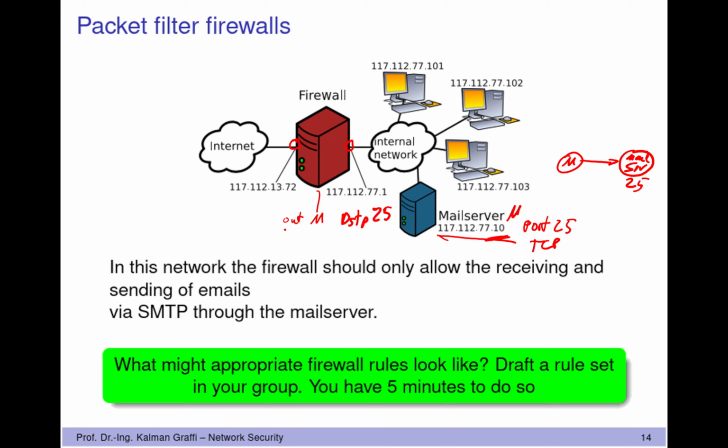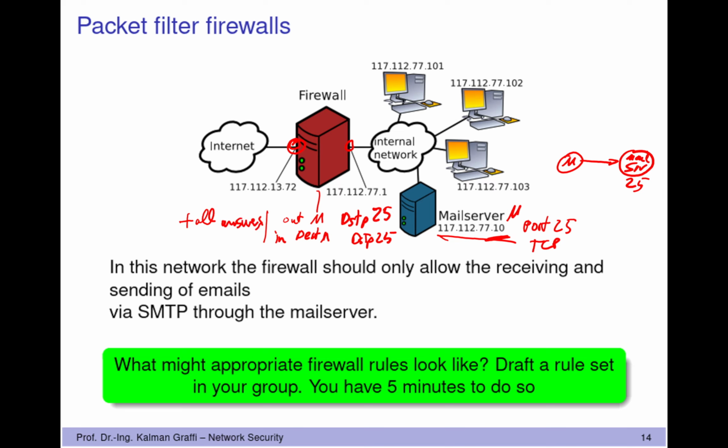Then incoming, meaning from this interface to destination M and destination port 25 as well. Yes. And one further element that we need to add is a little bit of state, plus all answers.